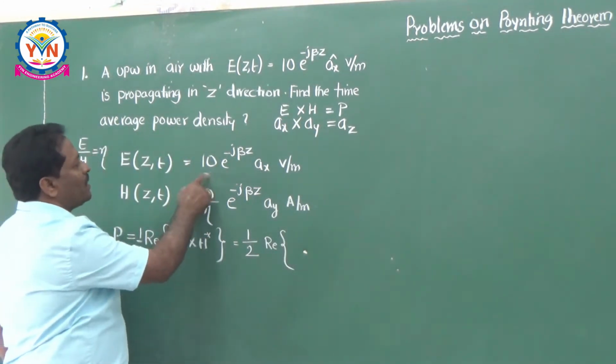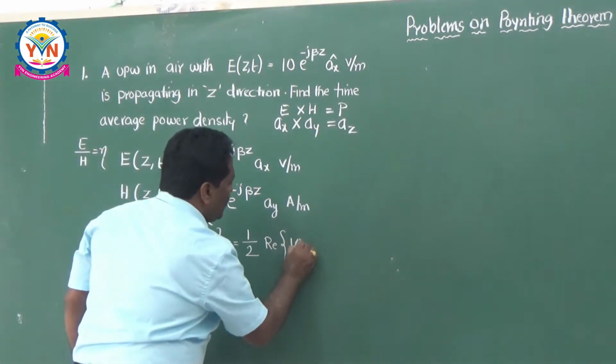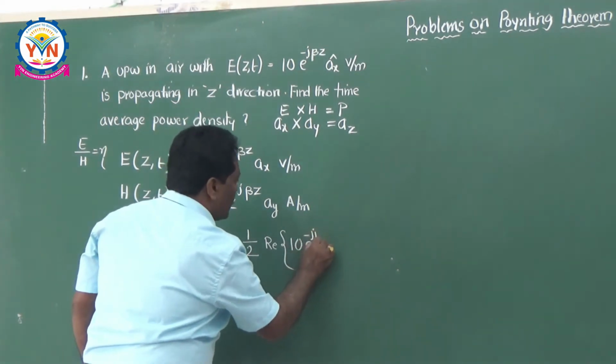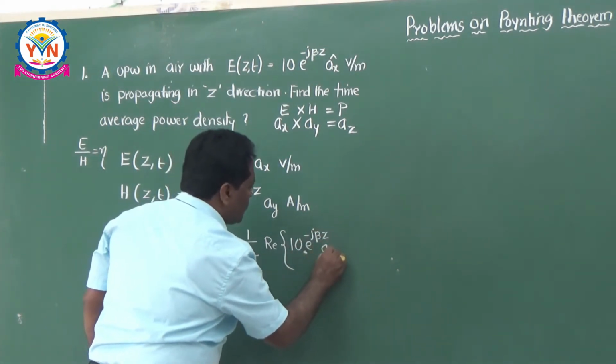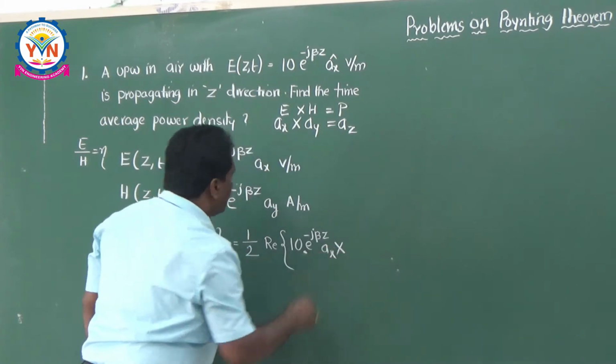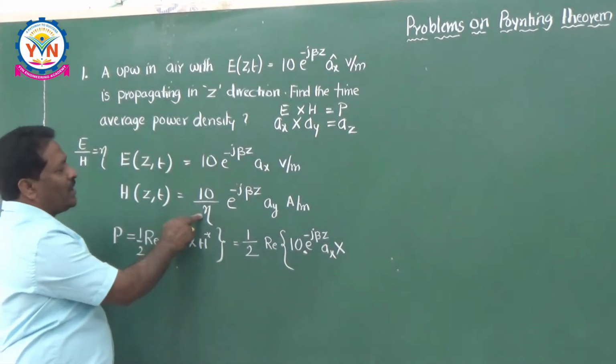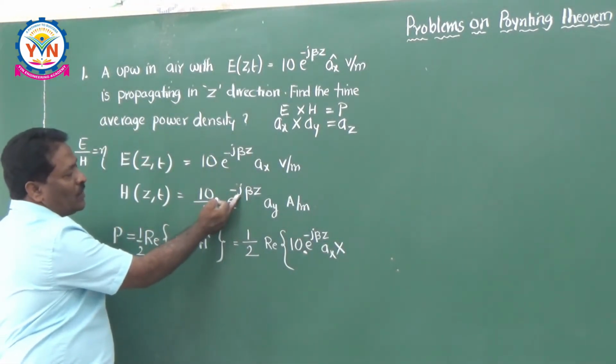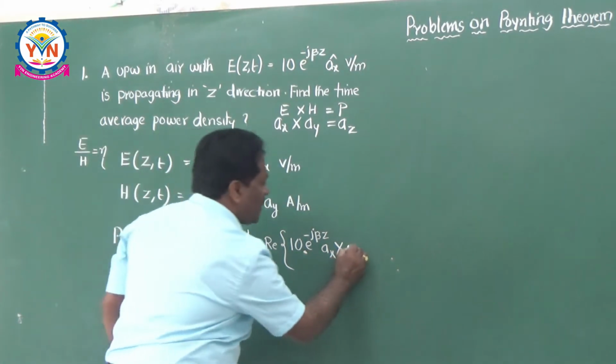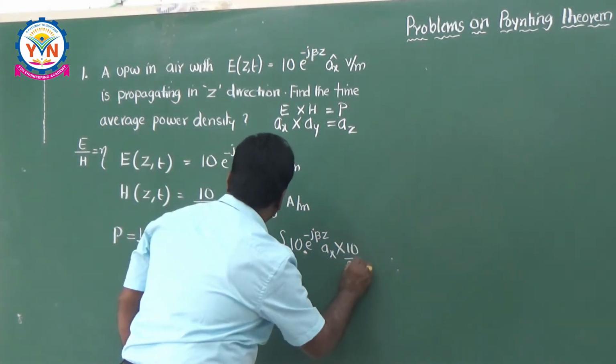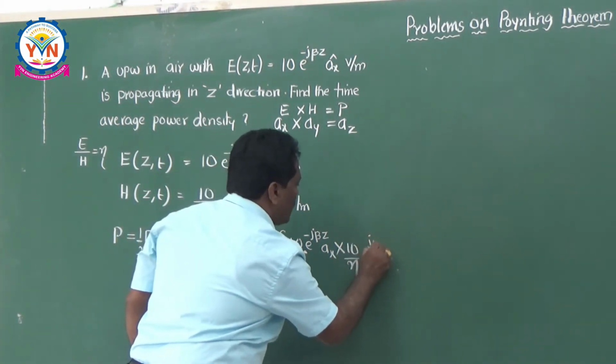What is E here? 10 into e to the power of minus j beta z into a_x, cross H conjugate. H conjugate means in the place of j you have to put plus j, so that is 10 by eta into e to the power of j beta z.